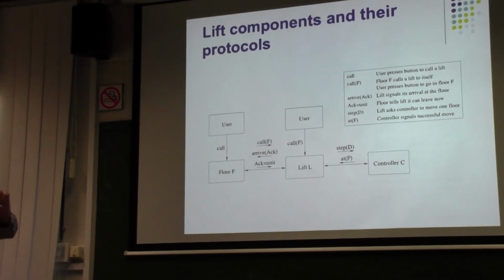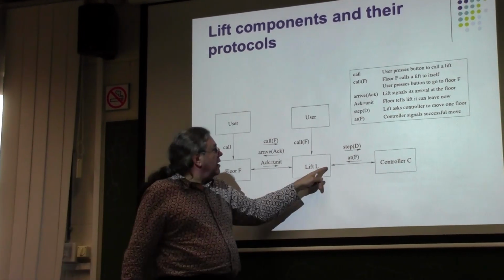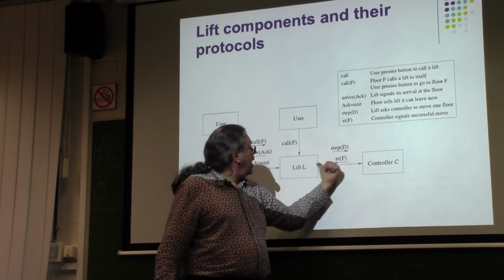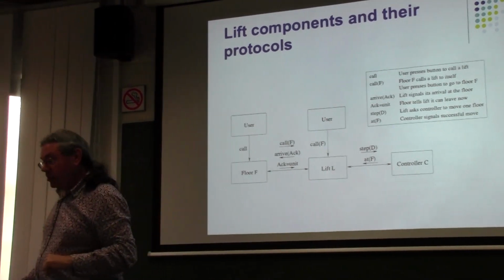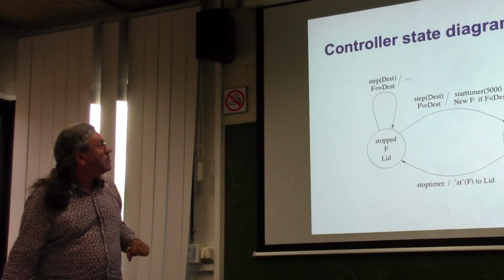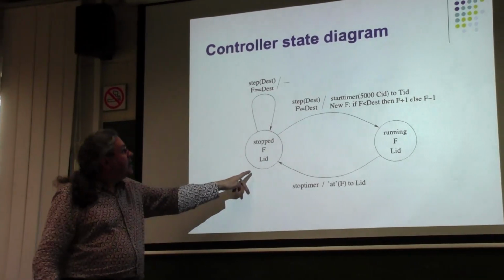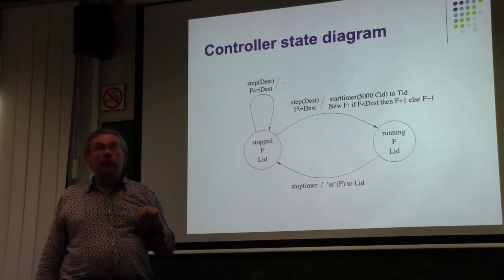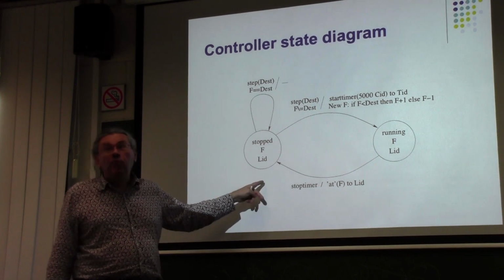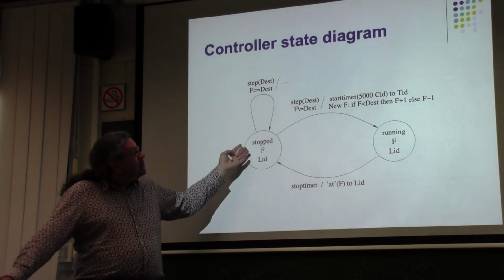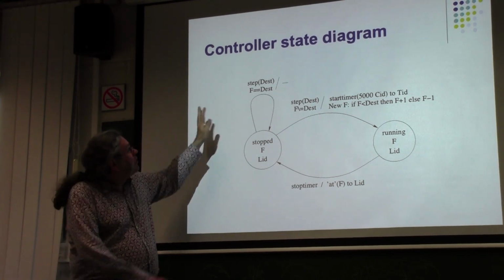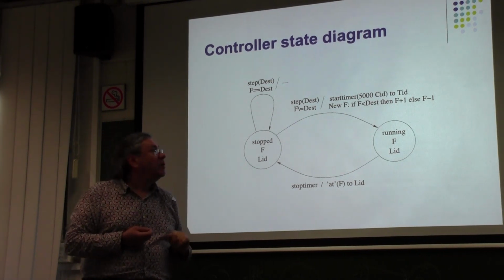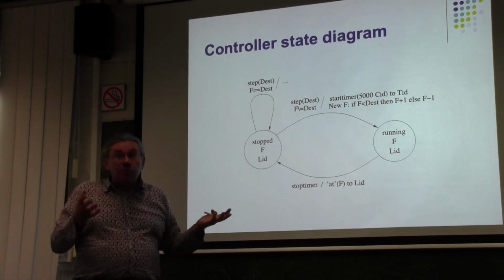Notice it obeys this idea: I do a step, and an at message comes back. So this is the full controller state diagram. You see how it works? That's pretty easy, right? Now this one was a little bit tricky because of the timer, because we're doing a simulation.